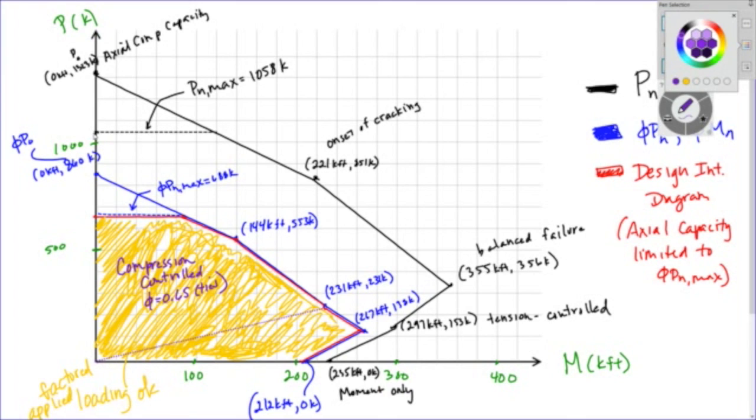What's a color I haven't used? Is there a pink somewhere? Come on, pink. A teal? This is a terrible color. If you're red-green colorblind, you're screwed.